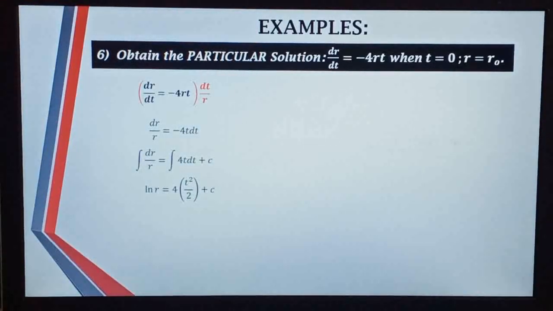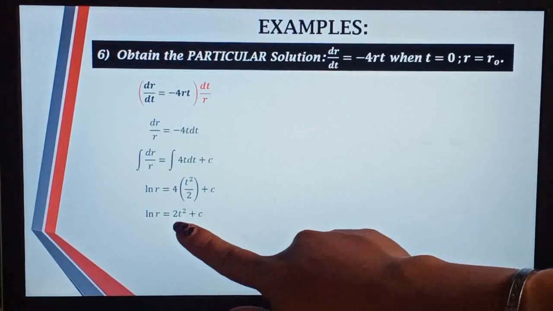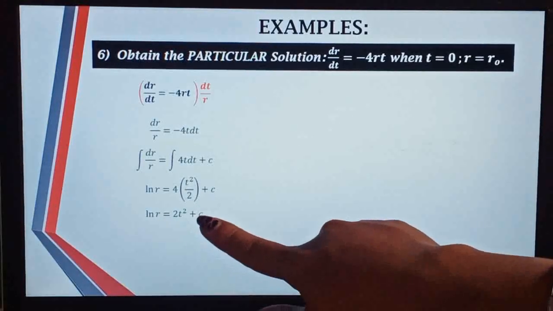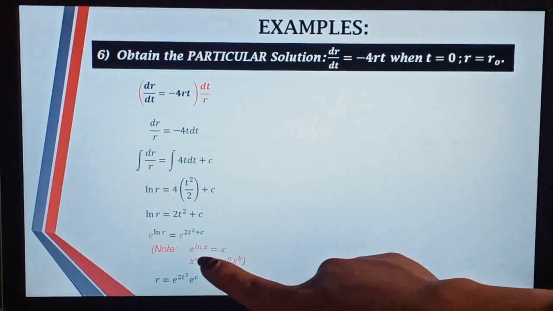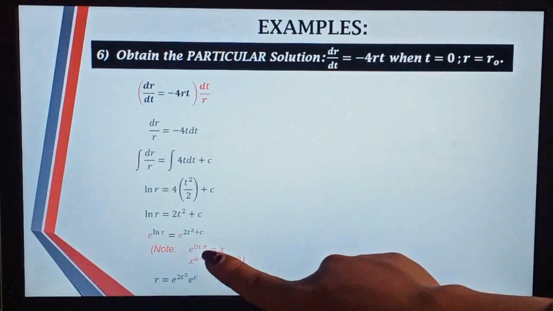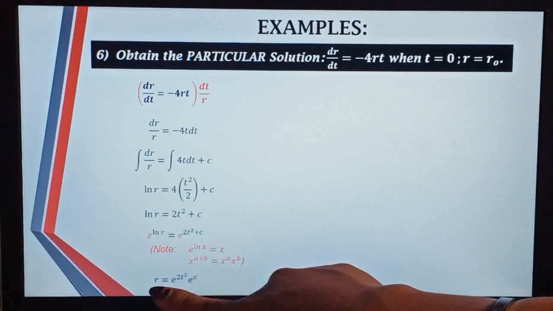Then simplifying that, we will now have ln of r equals negative 2t squared plus c. So, ang gagawin natin next is to exponentiate the equation para matanggal natin si ln. So, ang mangyayari, we will now have e raised to ln of x is equivalent to x. So, in this case, this is equivalent to r.